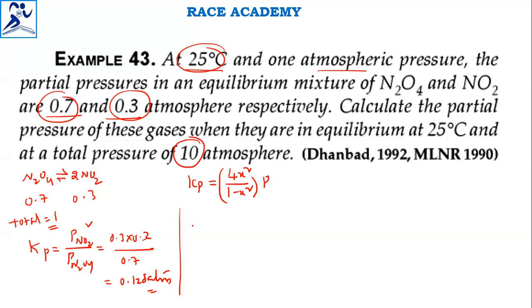So if you put the P value as 10 and Kp value as 0.128, Kp value is how much? 0.128 we calculated. It is 4x square by 1 minus x square into total pressure 10. 10 already they are given. So it will be 4x square by 1 minus x square is equal to 0.0128.